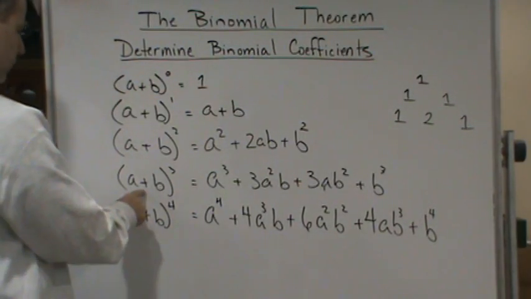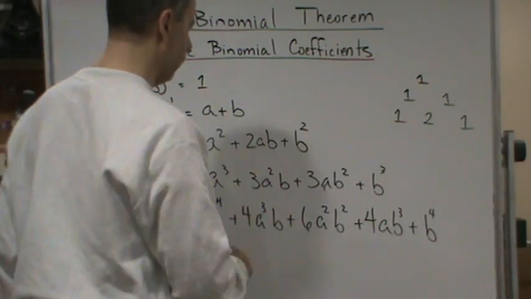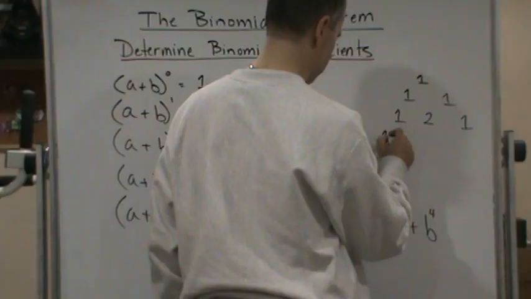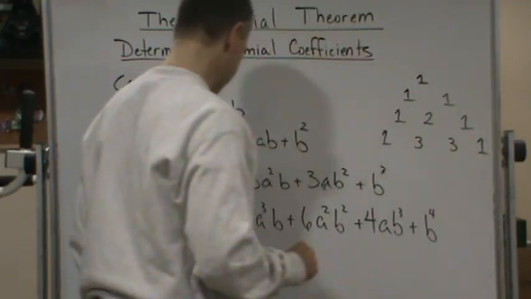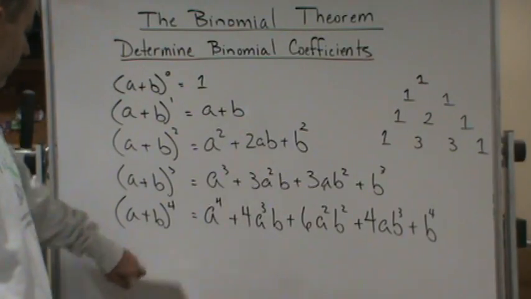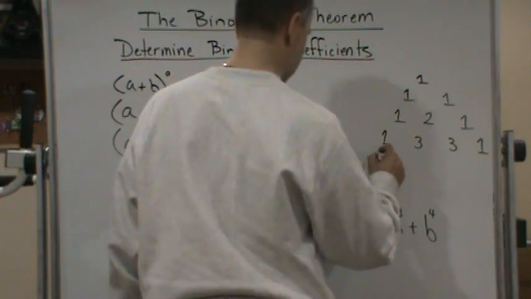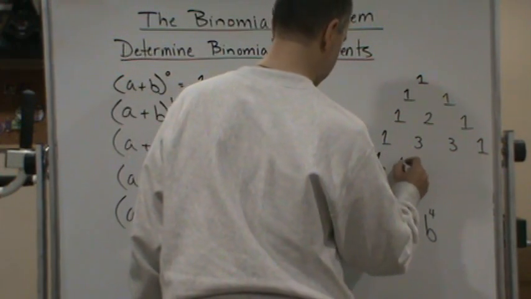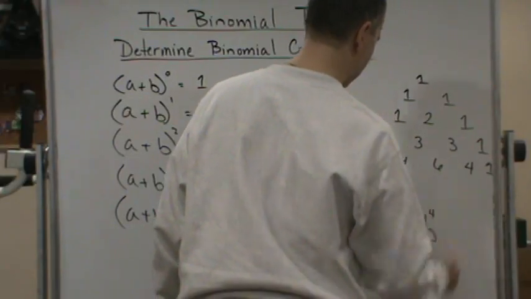The coefficients for (a + b)^3 are 1, 3, 3, 1. And the coefficients for the last one, where the exponent is 4, are 1, 4, 6, 4, 1.